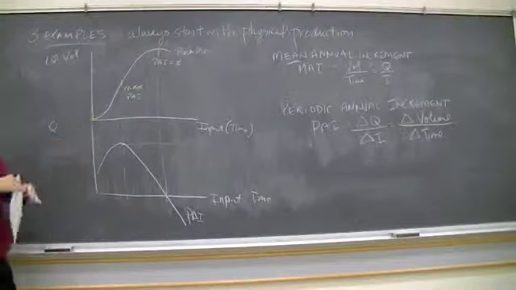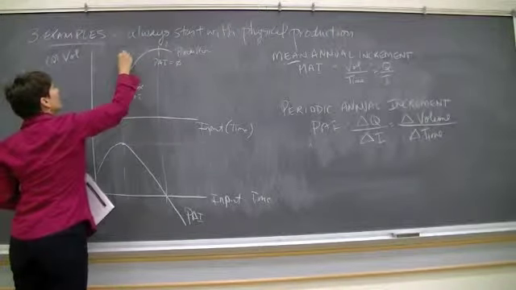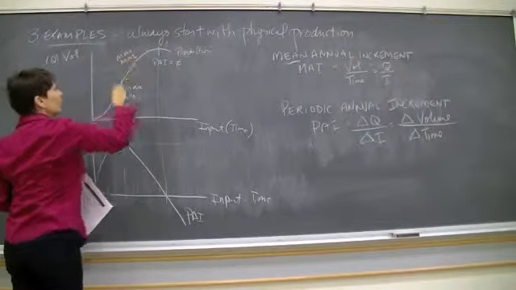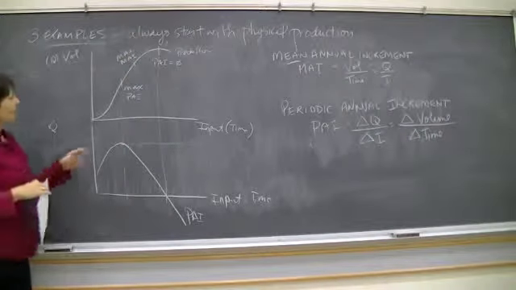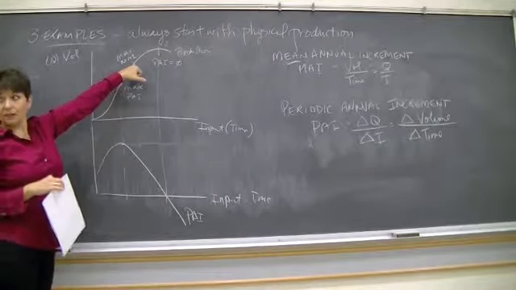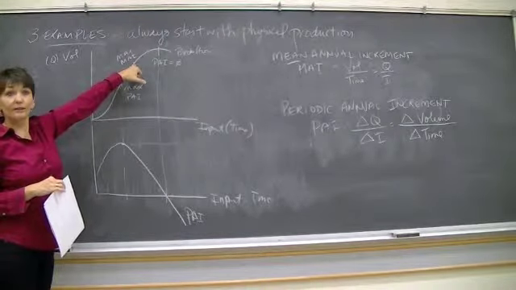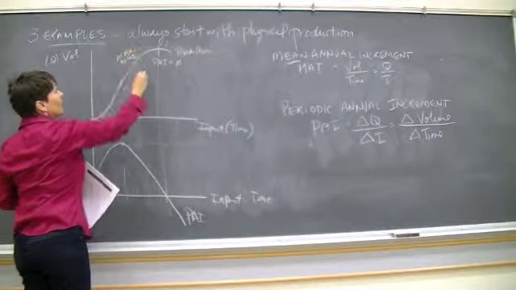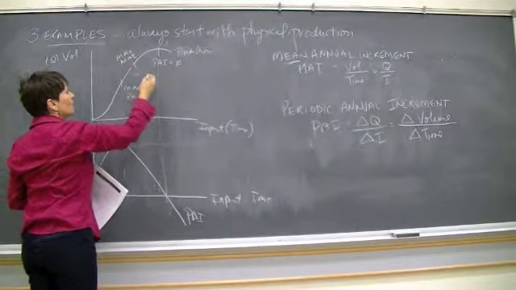I know that max MAI is somewhere in here. And I also know at this point that the mean annual increment is equal to the periodic annual increment. So at this point, where MAI is maximized, it also equals PAI.